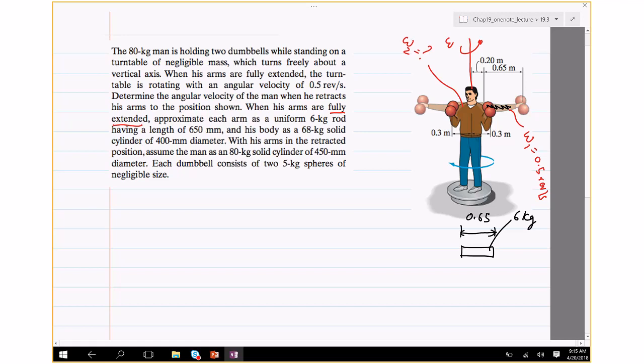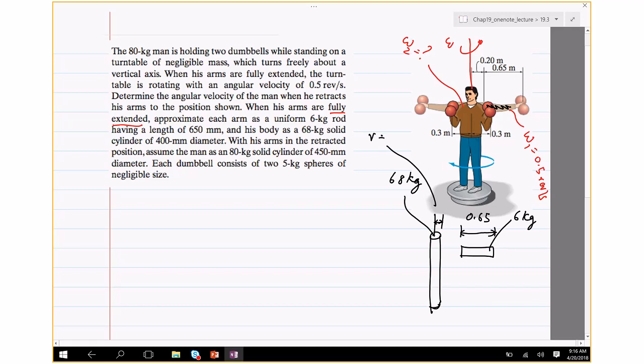And his body is a 68 kg solid cylinder of 400 mm diameter. So his body is a cylinder of mass 68 kgs, and I'm going to write the radius instead of the diameter because we will use the inertia, which is written in terms of radius.